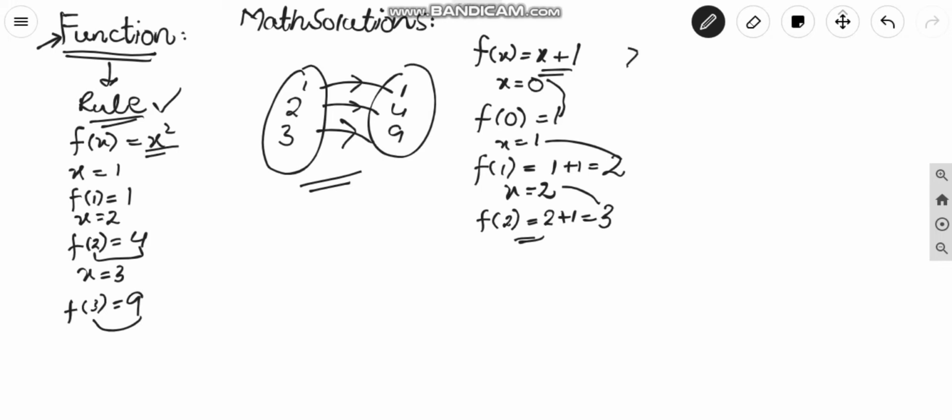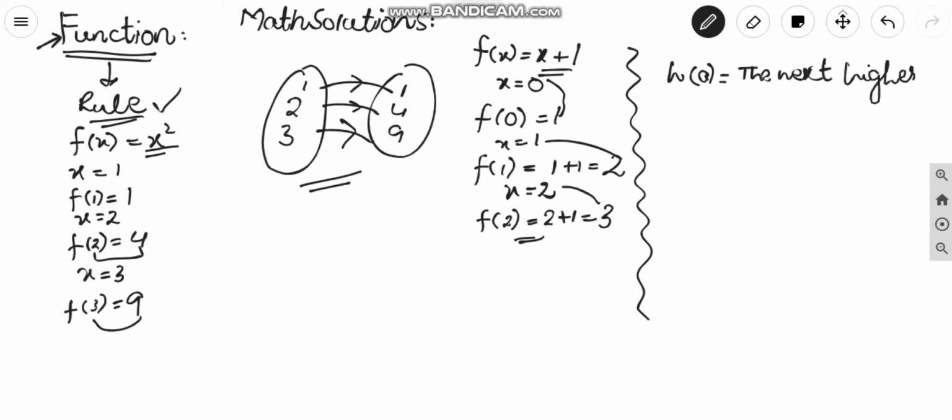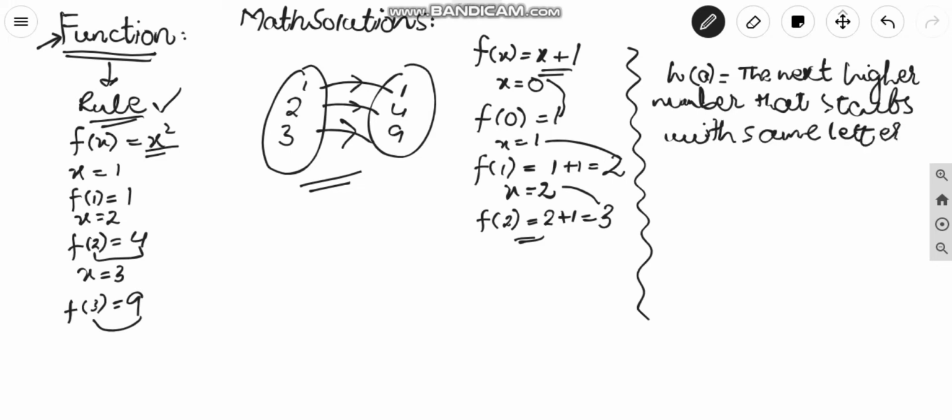For more simplification, let's consider another function h of a, that is the next higher number that starts with the same letter as the input number.